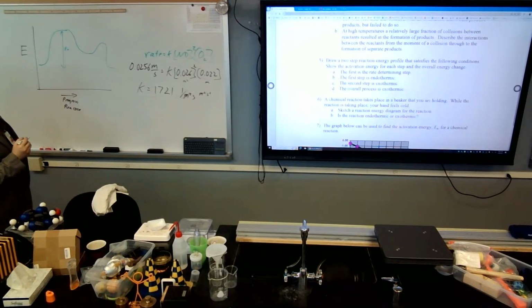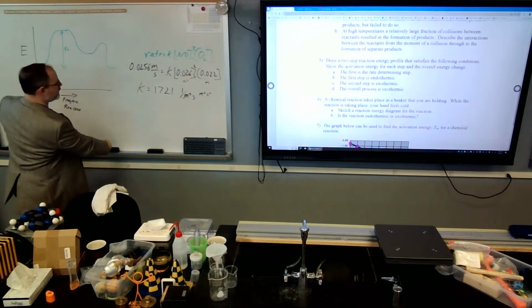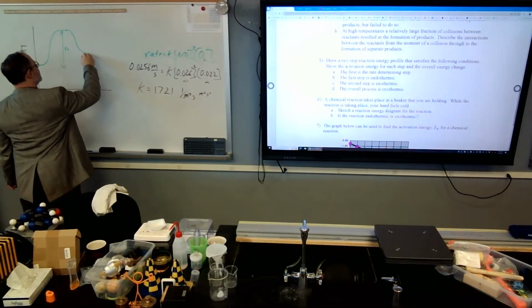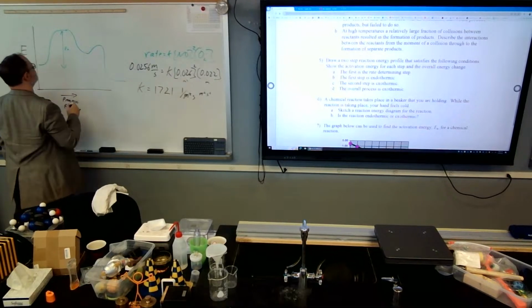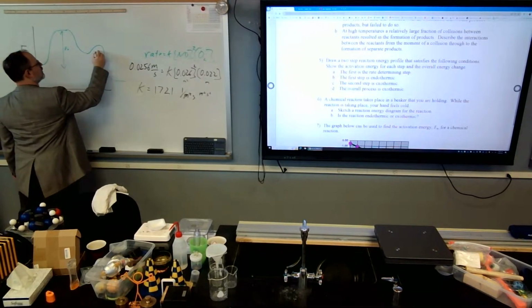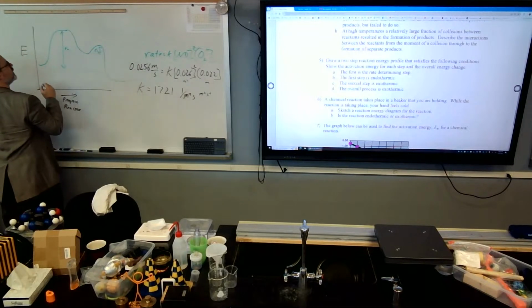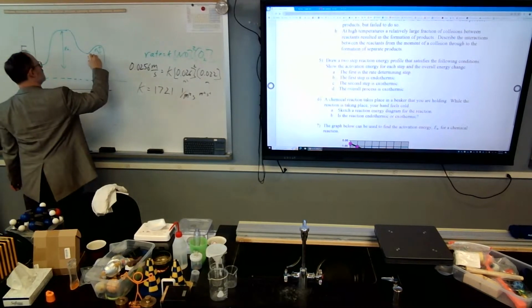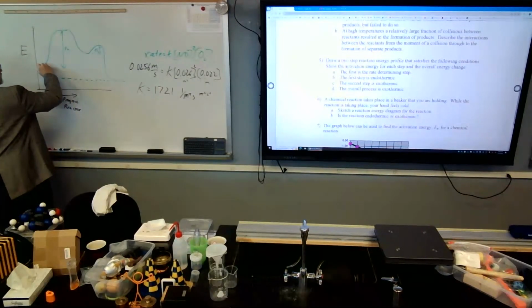And it says the overall process is exothermic, so this has to come down and drop below the original value. How about that? There's EA2. There's EA1. And this is delta E.